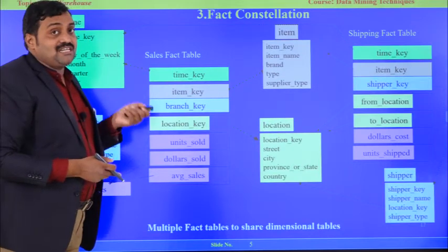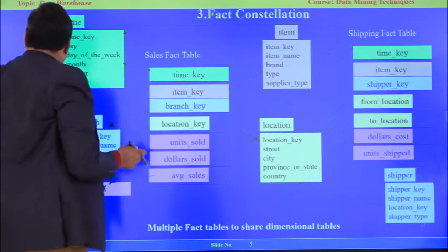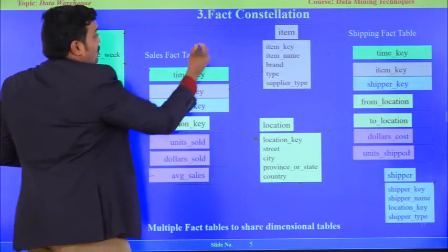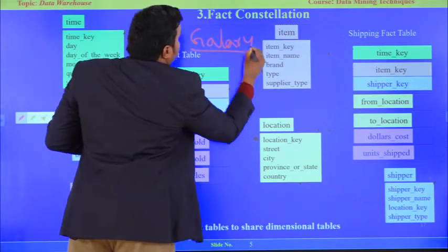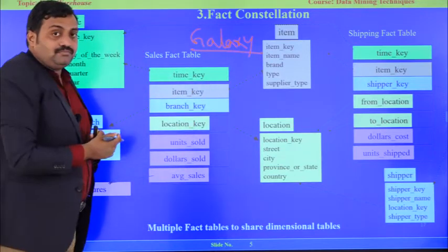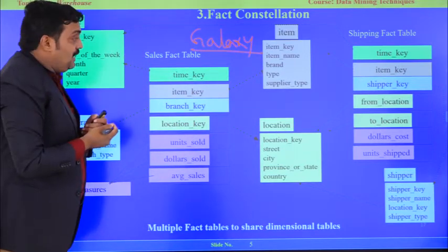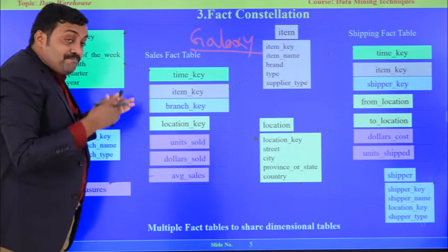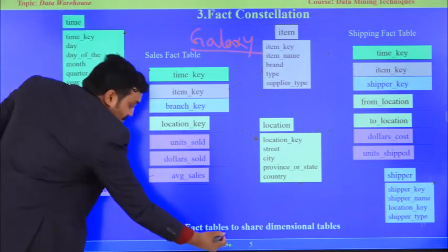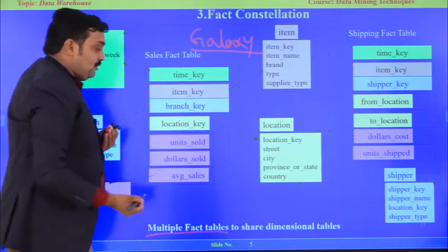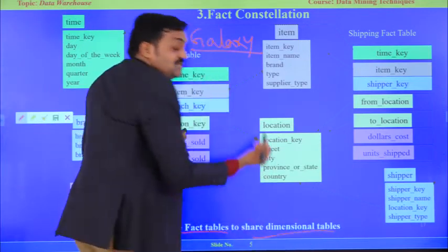Whereas the fact constellation, we can also say this model is called the galaxy model. So the galaxy model means we may have multiple fact tables, not a single fact table. We have multiple fact tables that can share the dimension tables.